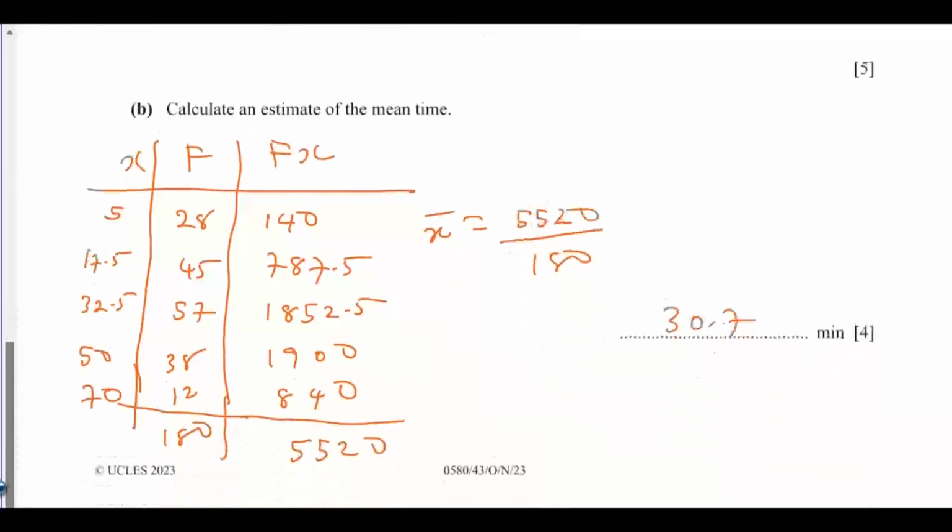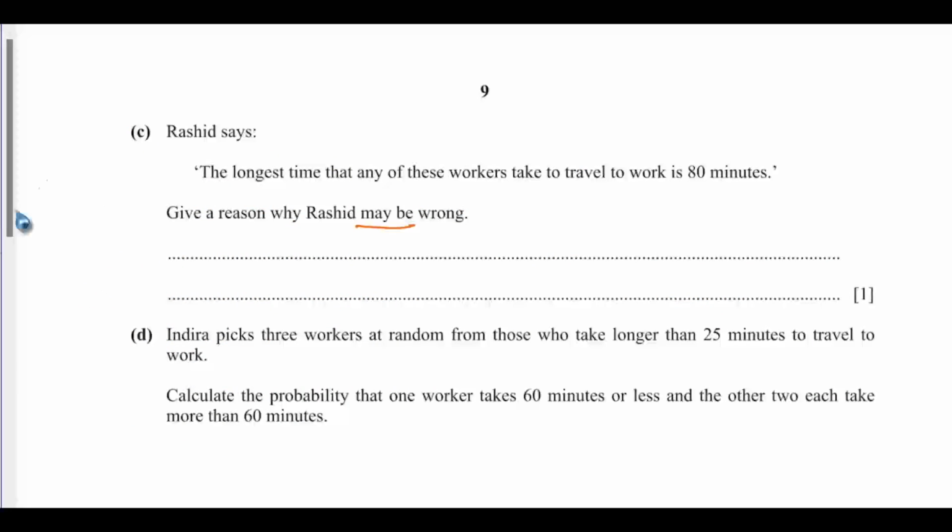Let's go back to the next page. So a reason why Rashid may be wrong is that the value of t, that's the highest time there, could be less than 80, due to the reason I showed you earlier.